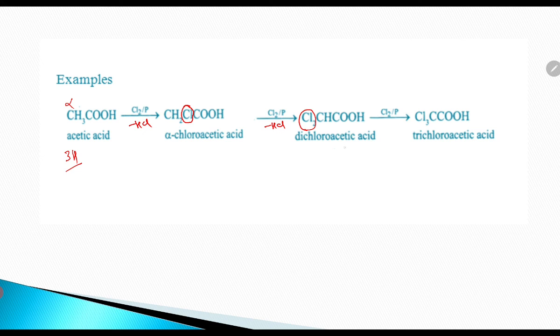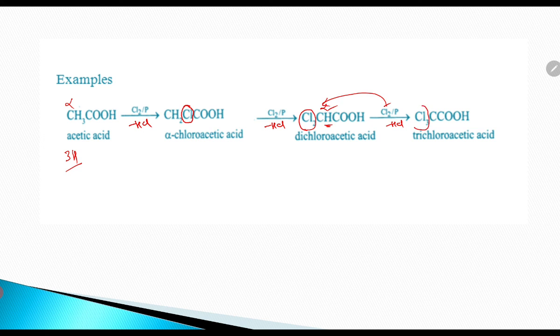So dichloroacetic acid is obtained, and we have one more alpha hydrogen atom on the carboxylic acid. Therefore, again it undergoes reaction with the chlorine molecule in the presence of red phosphorus, and again 1 HCl is lost, that is H from here, Cl from here is lost, and the Cl is substituted onto the carbon atom.